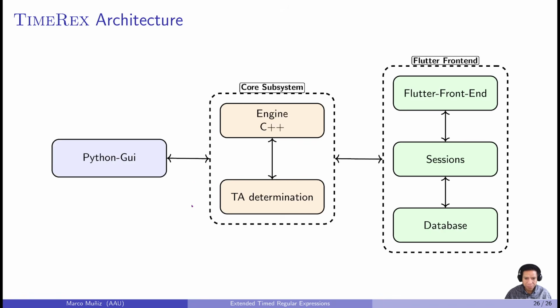So we have seen mostly the theory and the engine, right? We have also briefly seen the Python GUI, but we are also building a front end in Flutter where we can have multiple users. It's connected with databases.